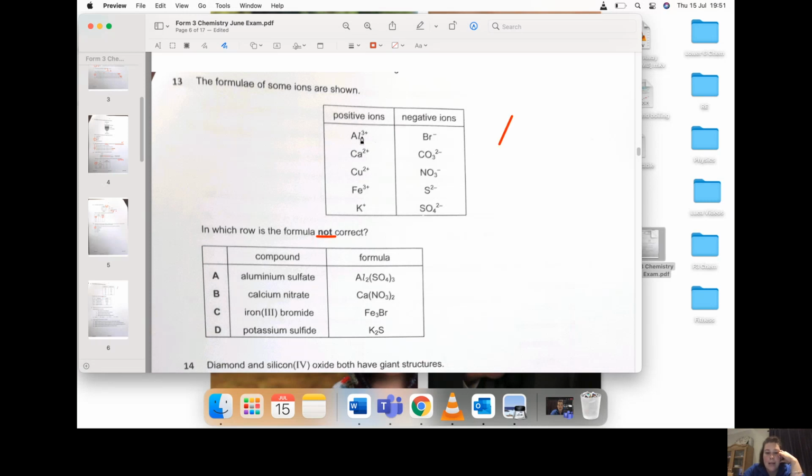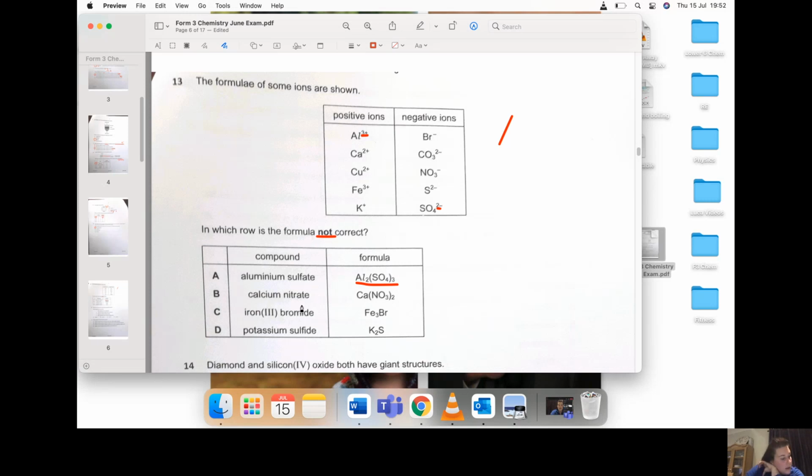It's Al, and it's 3+. Sulfate is SO4 2-. You are going to swap those valencies. So this is correct. The 2 came down from the SO4 and the 3 came down from the aluminium. So you get Al2, SO4 in brackets because you can't separate it, and then you put the 3 at the bottom.